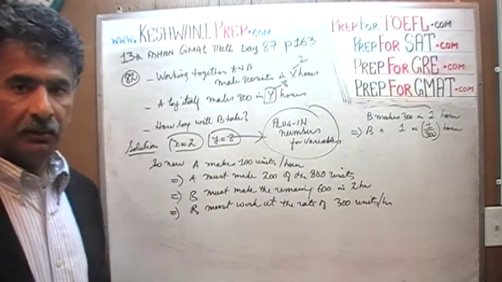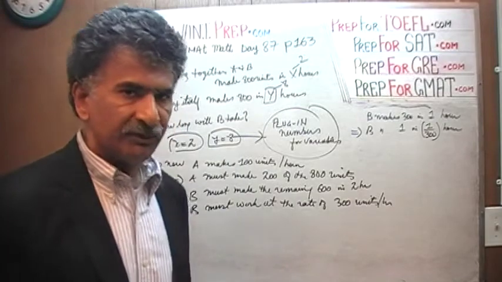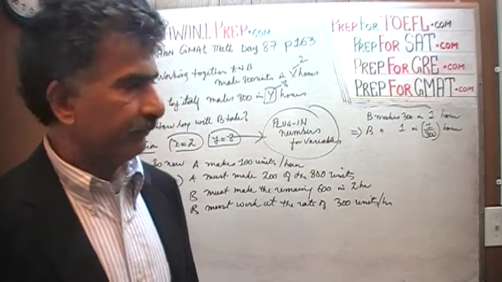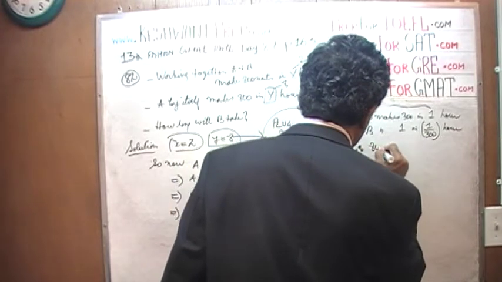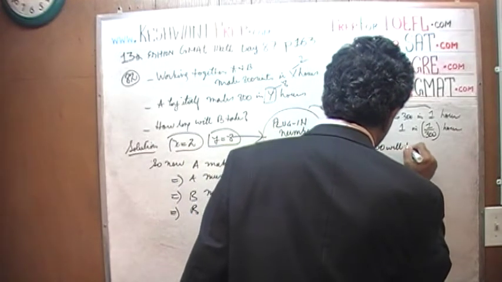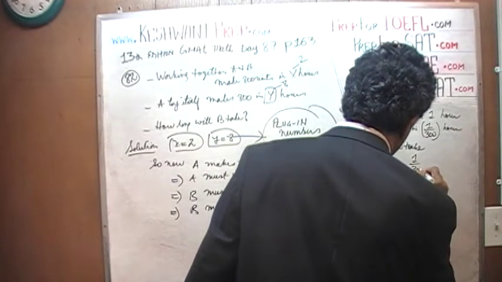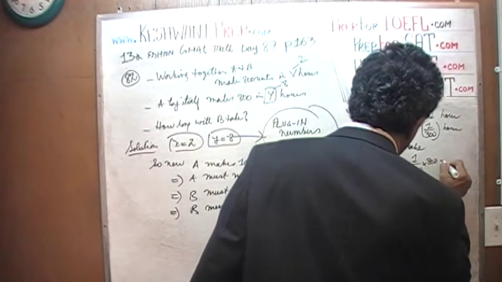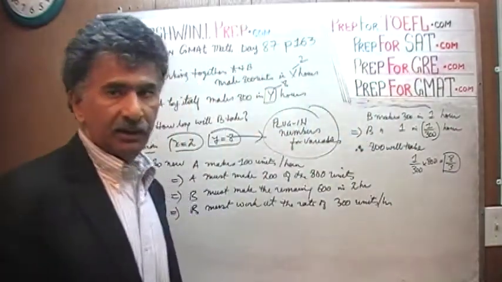Makes sense, because if it's making 300 units in 1 hour, 1 unit must take only 1/300th of an hour. Therefore 800 will take 1/300 times 800, which is the same as 8/3. That's our final answer, 8/3.